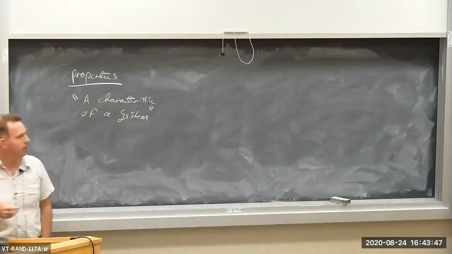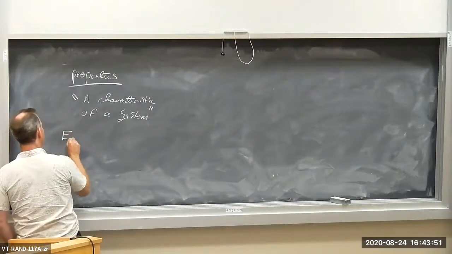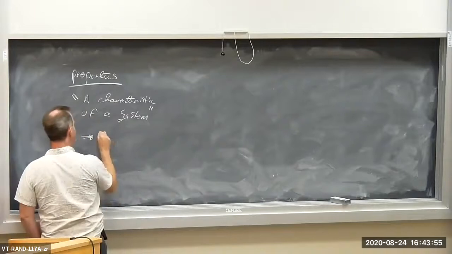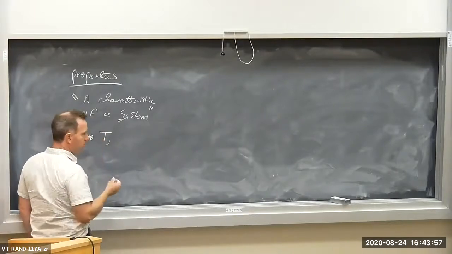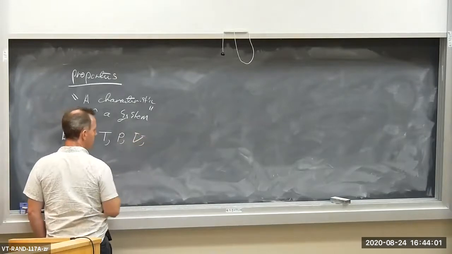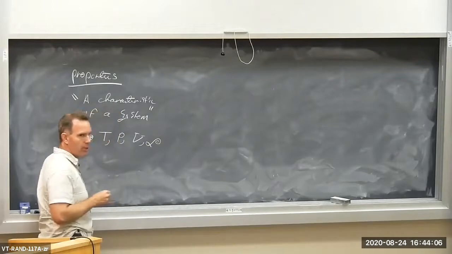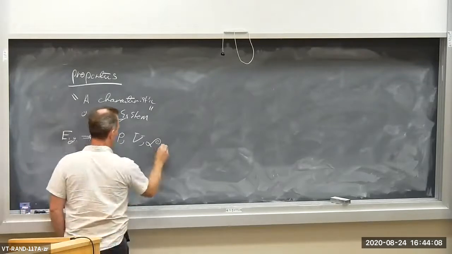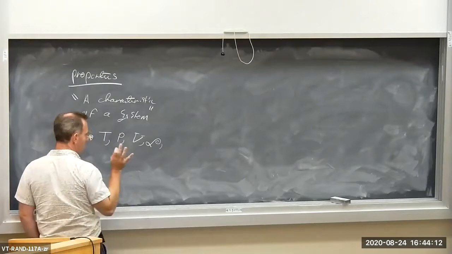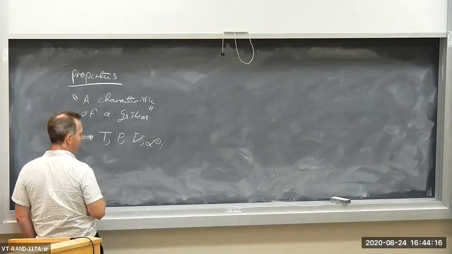Examples of properties: temperature, pressure, volume, density, rho. I suppose you could use a length, you could use an area, that would be weird, but let's stick with more thermodynamic stuff.